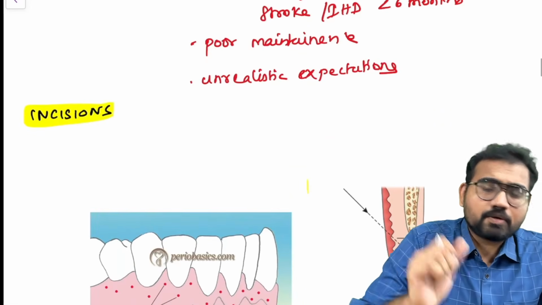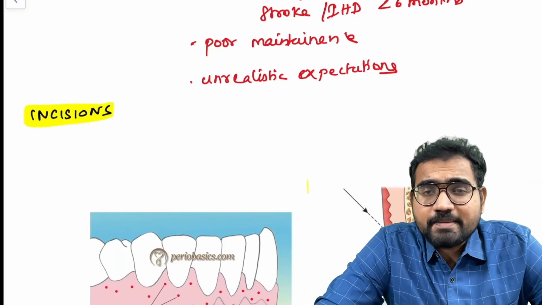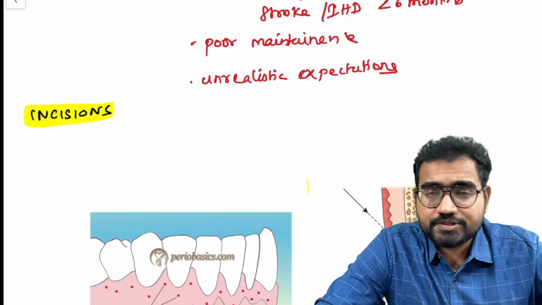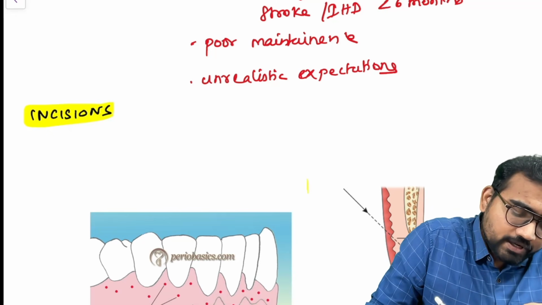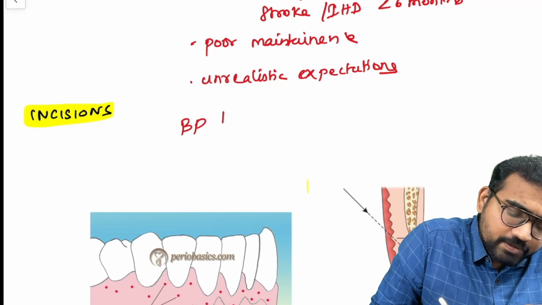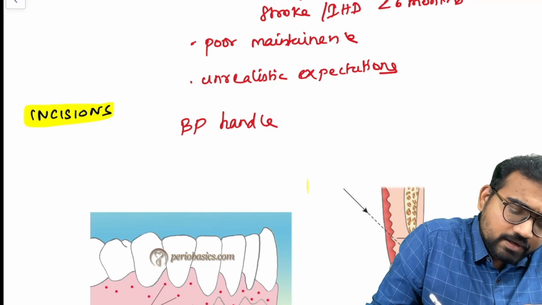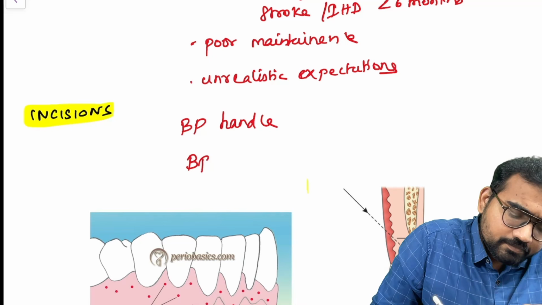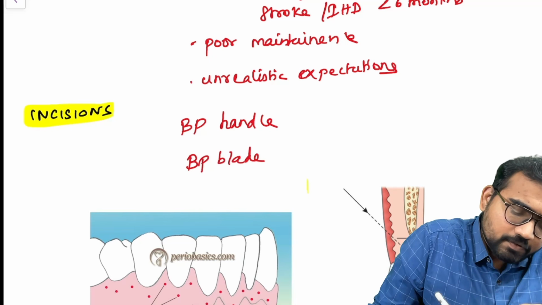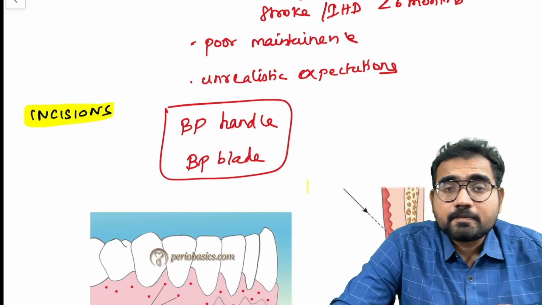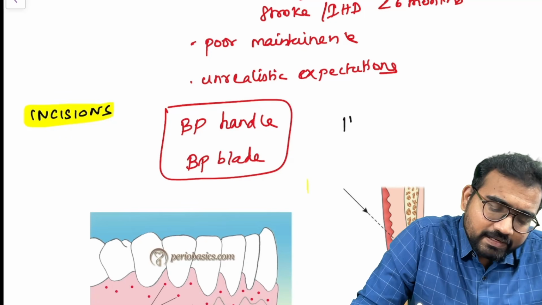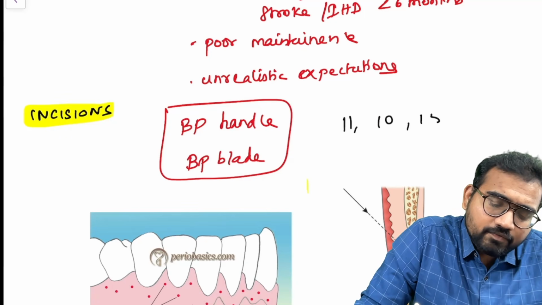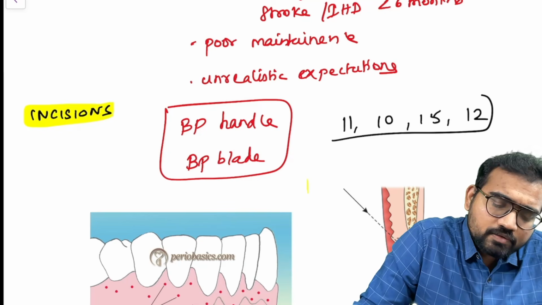Now coming to the very important aspect called incisions. We give incisions with the help of a BP handle, Bard-Parker handle, and a BP blade. There are n number of blades, for example 11, 10, 15, 12.